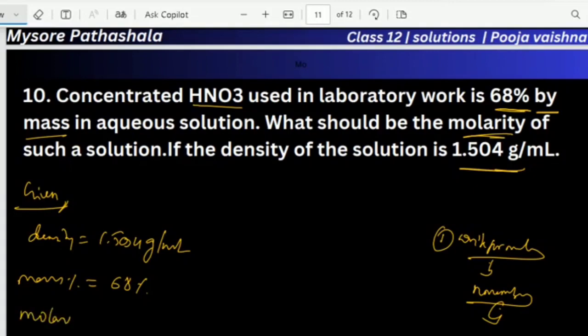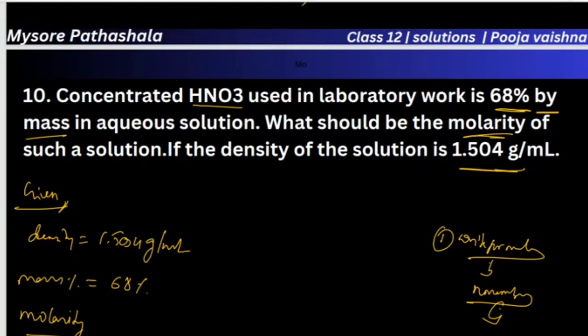If you know the molarity, before you write down the formula and move on, think of it. What are the components required to substitute in the formula of molarity? I need a value for W2, M2 and volume of solution.